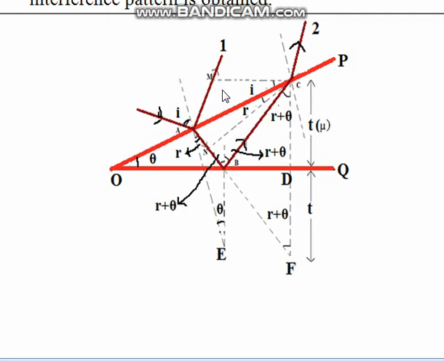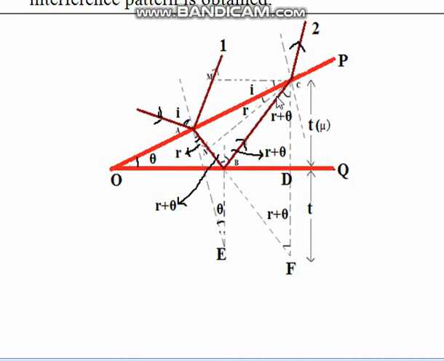This is the path difference, and this angle is i, because at point A there is a reflection. This is angle i, the nearby angle is also i, and the complete angle is 90, so this angle will be 90 minus i. This angle is i, this angle is 90, and therefore the third remaining angle will be i.